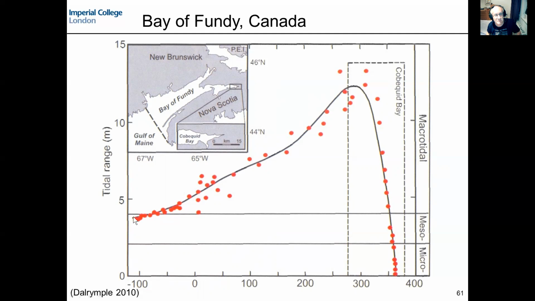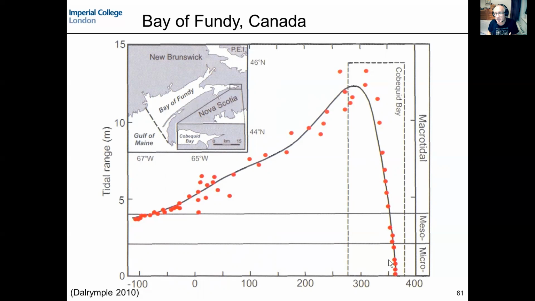And we see that at the mouth, where the bay is wide and deep, the tidal range is just 4 meters. As we pass up this way into here, the tidal range increases as the bay gets narrower and shallower. Once we get right up into here, that effect is dissipated by friction.